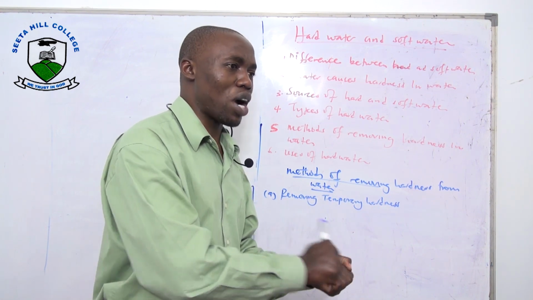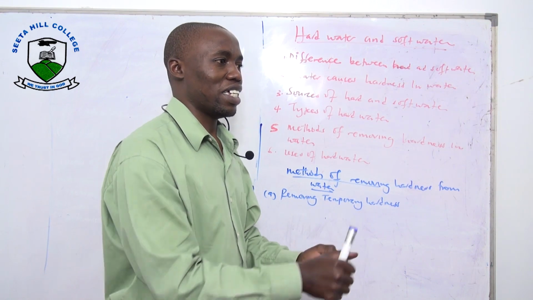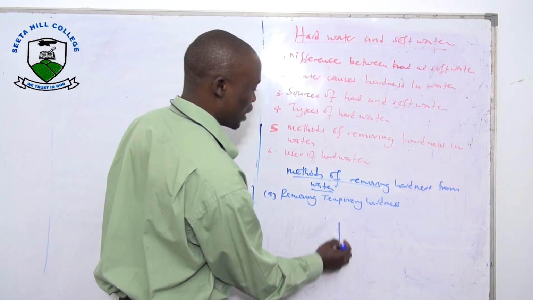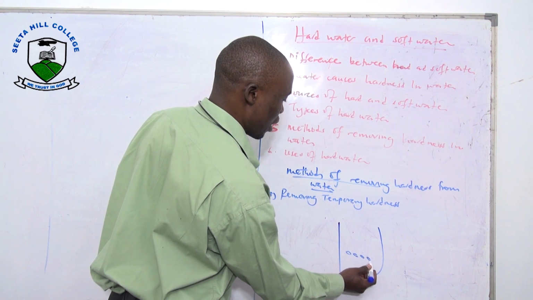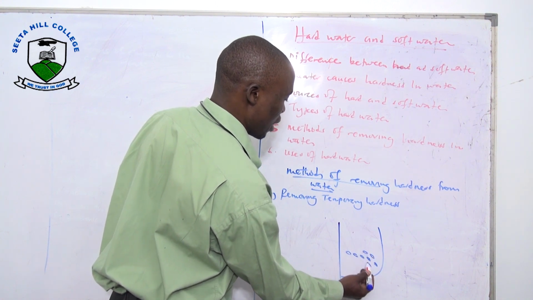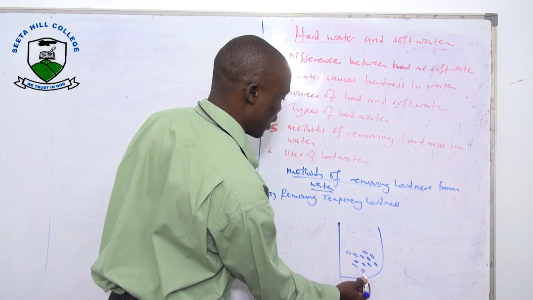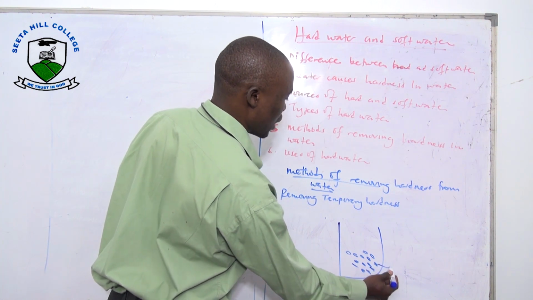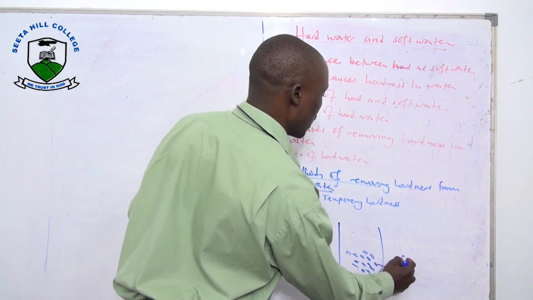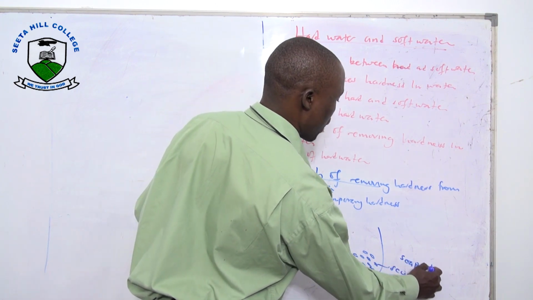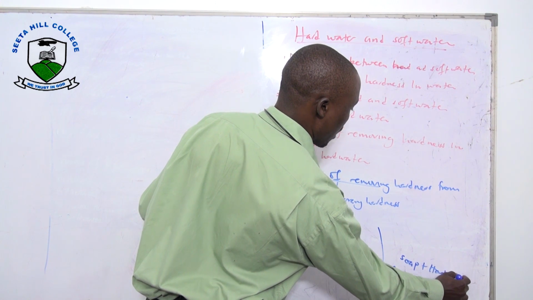You are only seeing white substances. And those substances is what we are calling what? Scum. Scum is a substance formed when soap reacts with hard water.